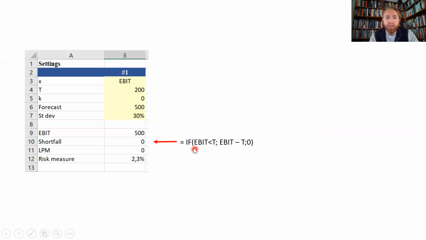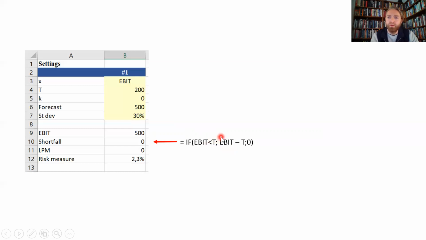The shortfall we can capture in the spreadsheet by using the if statement here. It needs to check if EBIT is below the threshold, then risk. That's the condition where we're considering something risk, you know, we failed to reach the target. So if below threshold, then compute the shortfall. Whenever it's above the threshold, we're fine.